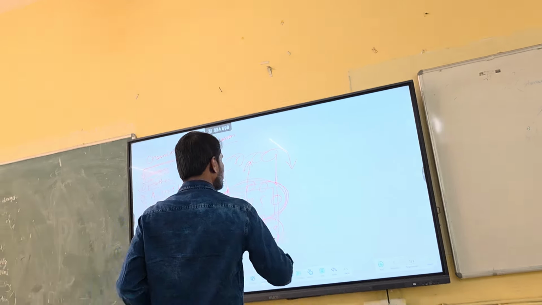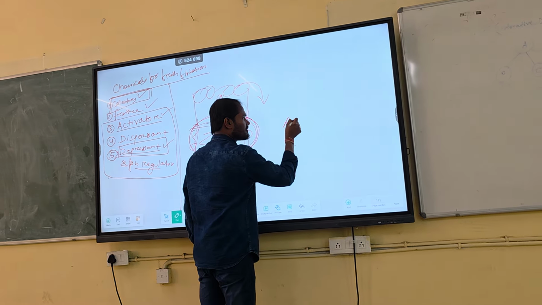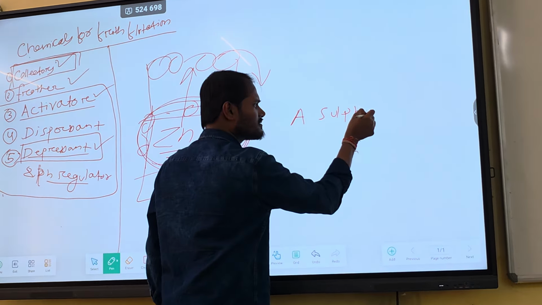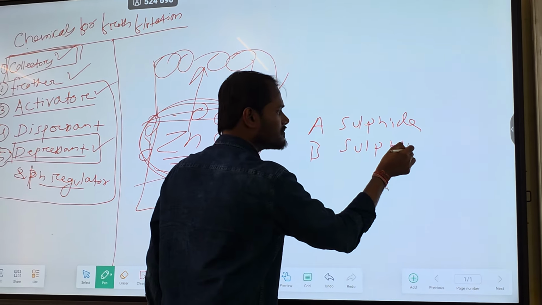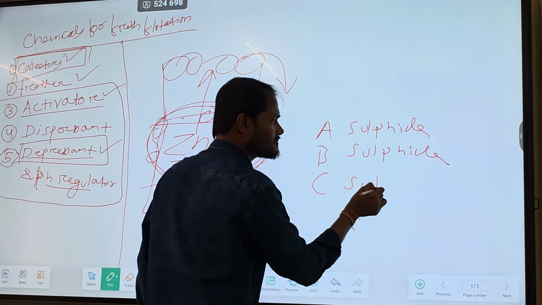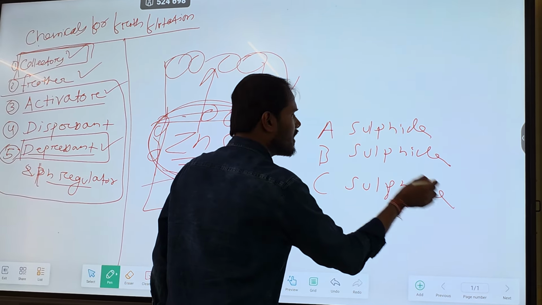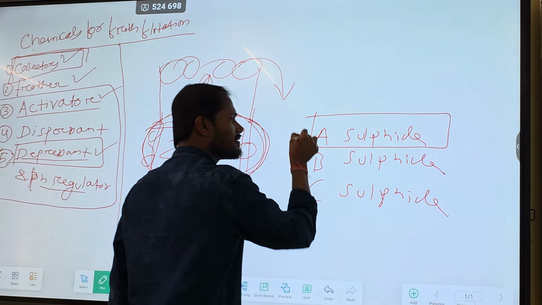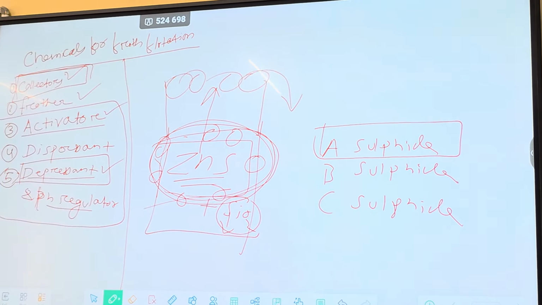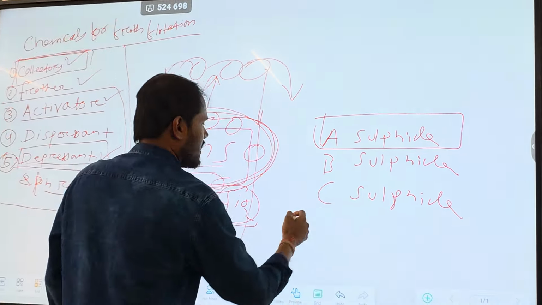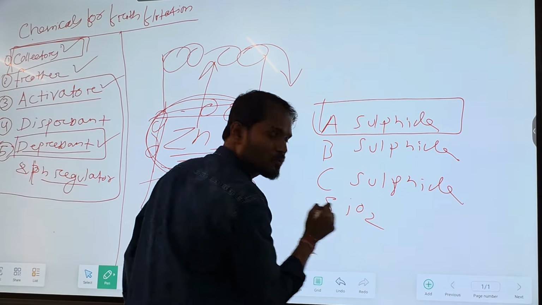So now for example, you have A sulfide, just an ideal example I am giving, B sulfide and C sulfide. And you want to float only A sulfide, right? But the others are also sulfides. And you have silica also, SiO2, right?